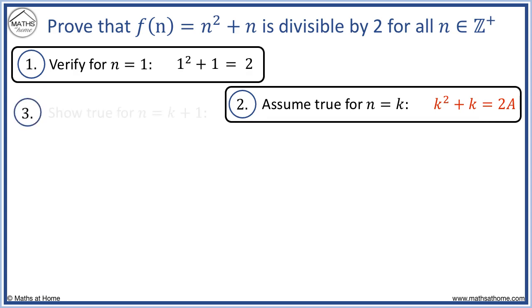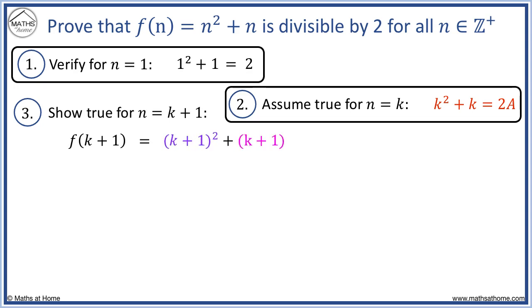In step 3, we show that it is true for n equals k plus 1. Substituting n equals k plus 1, we obtain (k plus 1) squared plus k plus 1. We expand (k plus 1) squared to obtain k squared plus 2k plus 1. We can collect like terms to get k squared plus 3k plus 2.